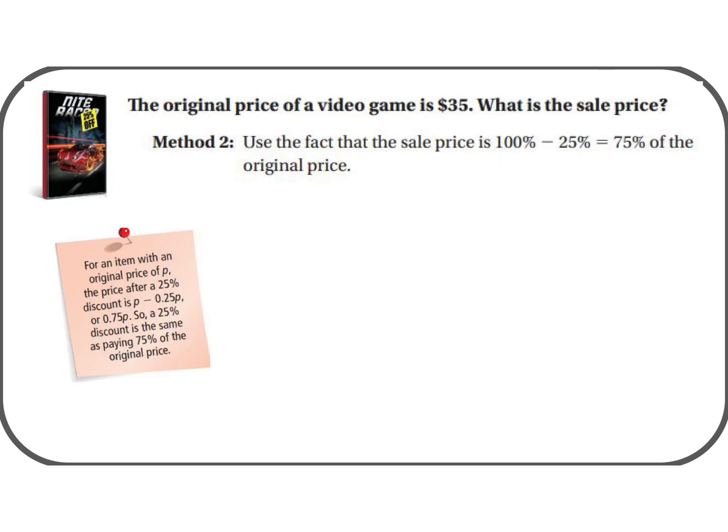For method 2, we're going to think about what it actually means to be 25% off. Well, let's think about this. If I paid 100% for something, right? No discounts, nothing at all, I would be paying the original price. So we can almost think of 100% as the original price. And just like in our last method, we took away a discount amount, right?